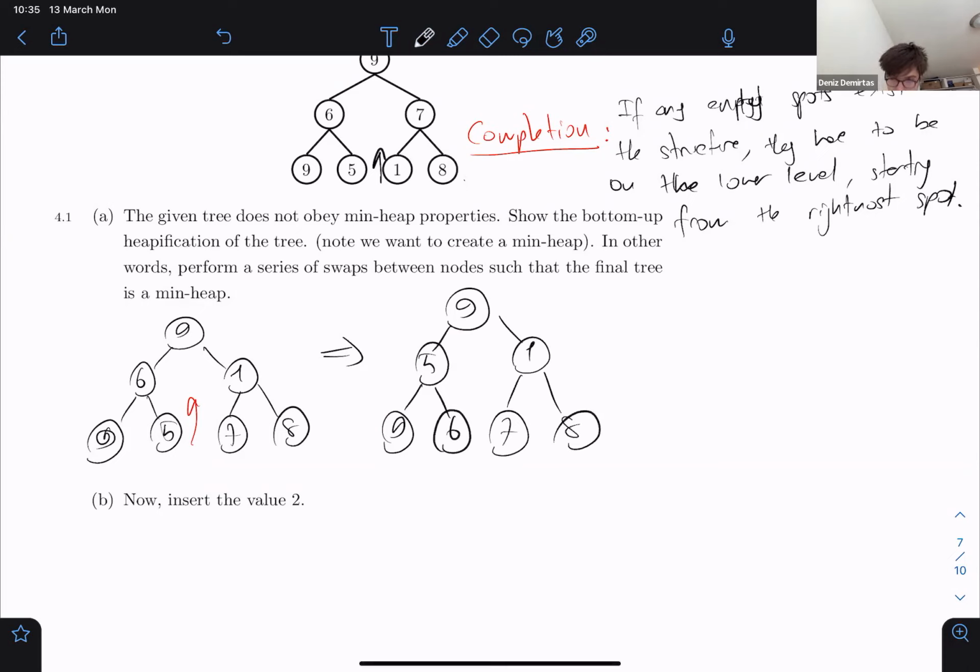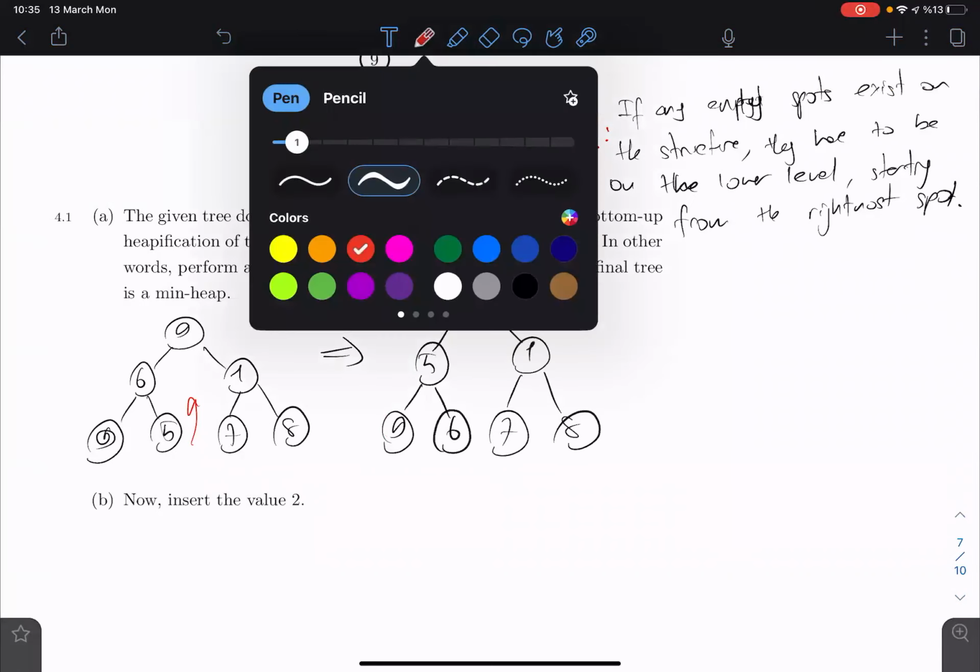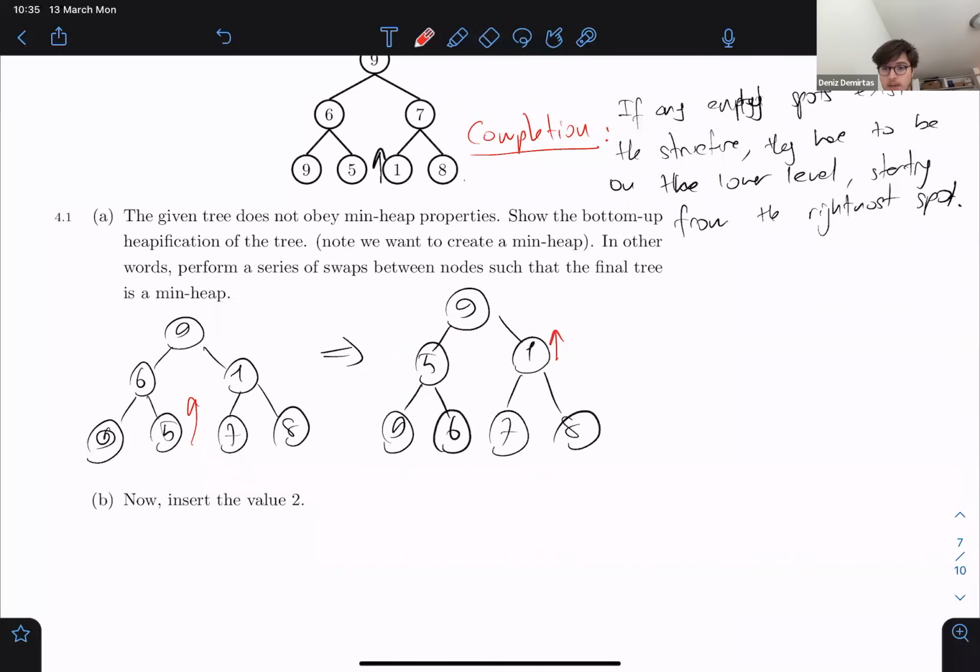And since we're done with the lower level, what we do is go to an upper level and then again start from the rightmost end. And now we check 1 here. Although 1 was promoted from a lower level, promotion doesn't mean that our structure obeys the properties completely. So we still have to check until we exactly make sure.